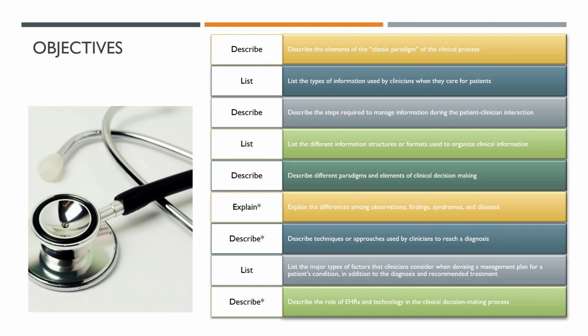Clinical engineers ensure these systems are safe, reliable, interoperable, and user friendly. If the data flow between devices and the EHR is compromised, or if the system design is unintuitive, clinicians may miss critical information, leading to errors in decision making.